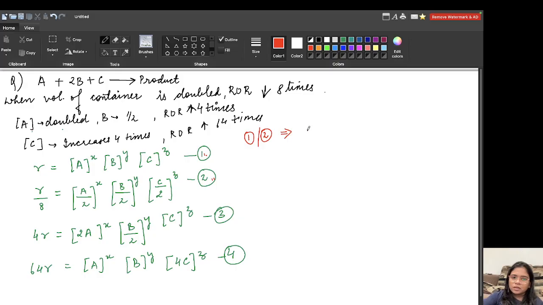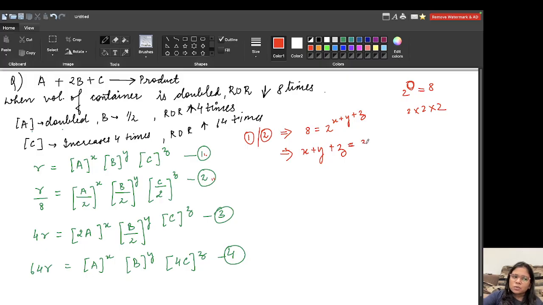I am writing the final equations. Okay, 8 equal to, see, all the 2's will come on the upper side, right? So 2 raised to the power X plus Y plus Z. So here you will be getting X plus Y plus Z equals to, see, 2 raised to the power, what is 8? 2 2s are 4, 4 2s are 2 raised to the power 3, right?